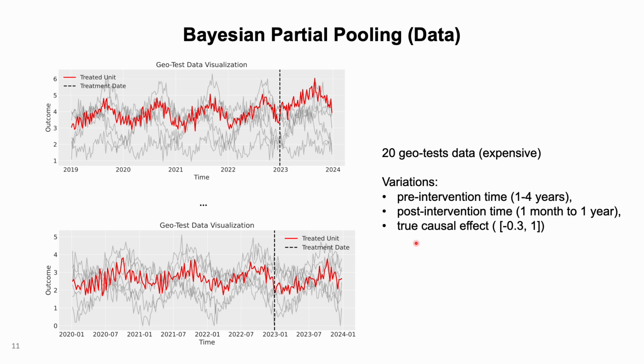This also mimics the actual situation where the pre-intervention time can usually be set to 1 to 4 years, and the post-intervention time can vary from 1 month to 1 year, and the true causal effect varies between minus 0.3 and 1.